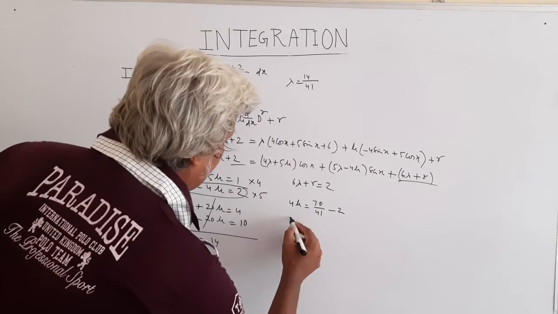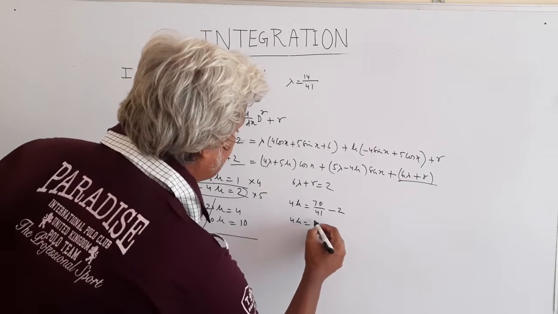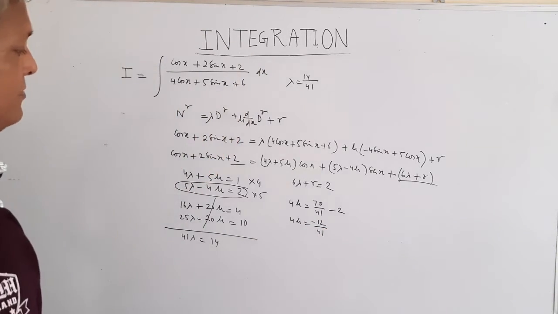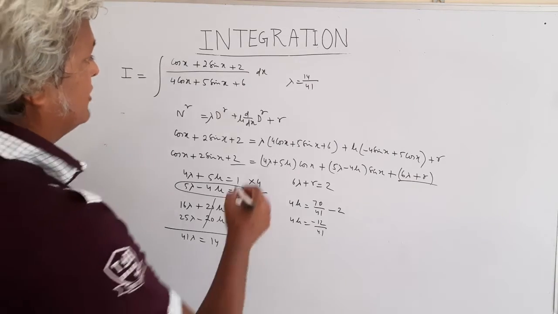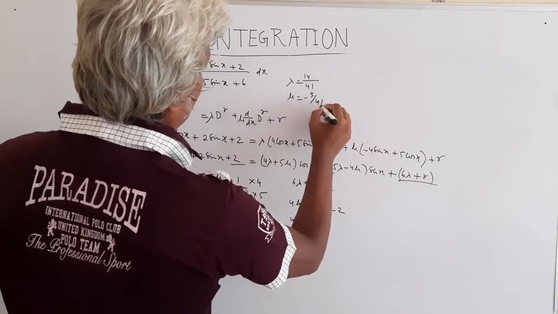So 4 mu is 70 minus 82, that is minus 12 over 41. So mu is minus 3 over 41.